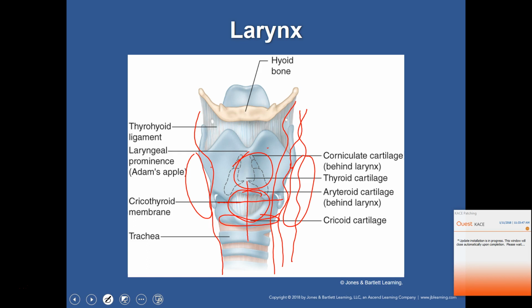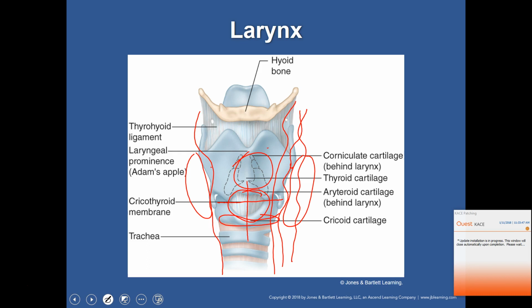So that way you greatly reduce the possibility of nicking those arteries, because if you nick one of those arteries, now you're going to have a mess on your hands, especially if the patient, when you cut through that membrane, exhales or blows a bunch of air out through the new opening that you created. You're going to spray blood everywhere, which is exactly what happened when I witnessed a physician do this particular procedure on a patient.